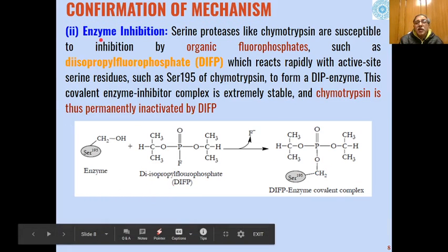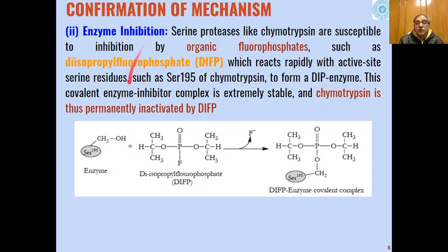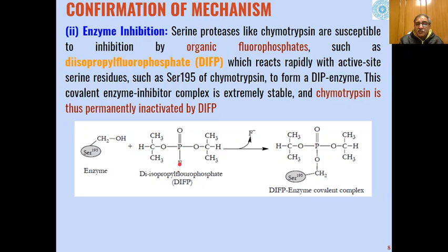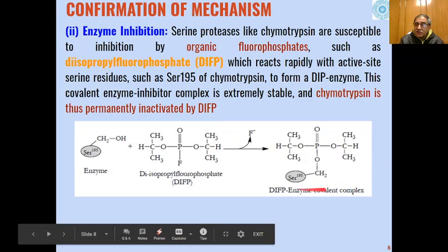The mechanism can also be confirmed by enzyme inhibition. As we have seen, this is the active site of the enzyme, and if we add DIFP, diisopropyl fluorophosphate, which is very active, it will react with the serine; H from here and F from here will be removed as HF, and a covalent bond is formed, giving a covalent enzyme complex.